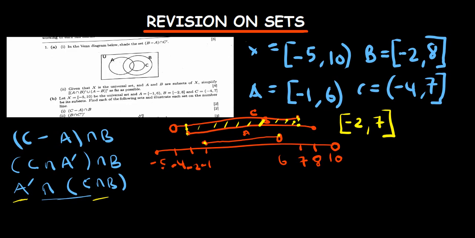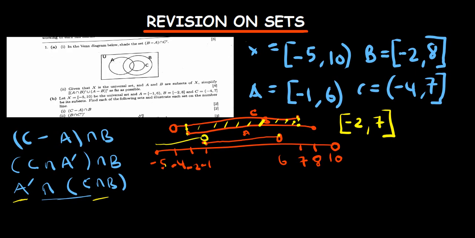The complement will be open here at -1, going all the way up to what? Since this is a fixed point, in this case it's not infinity because we have a fixed point.